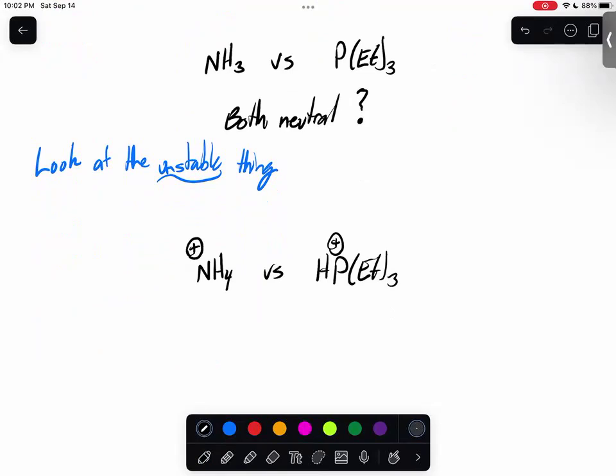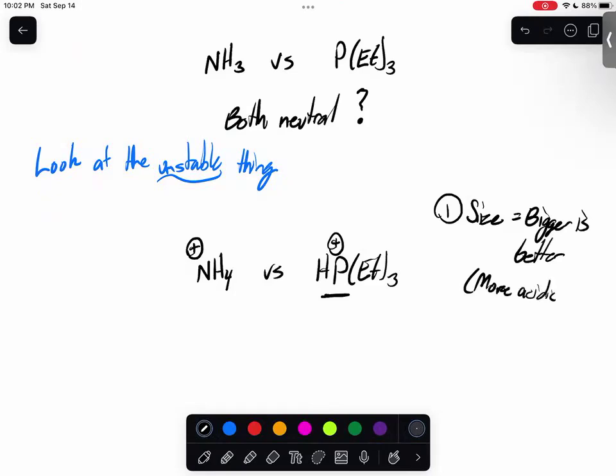The first one of those is size. And we know that phosphorus is bigger than nitrogen. As we said with size before, bigger is better and more acidic.